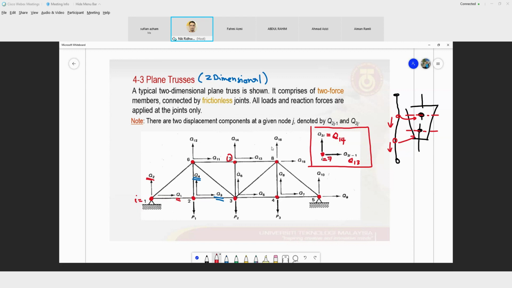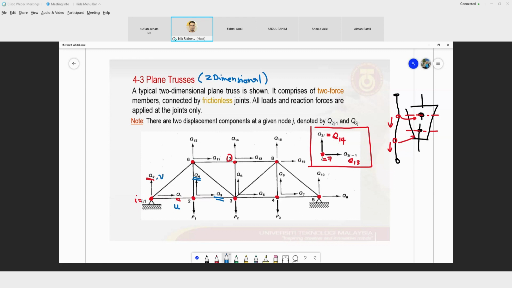So that's one approach. Another approach, instead of benda ni kadang-kadang dia keliru. So another approach, instead of we write Q, we can write U to represent displacement in the X direction, and then V to represent displacement in the Y direction.